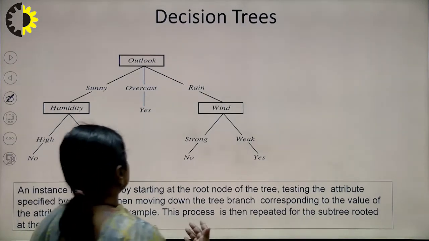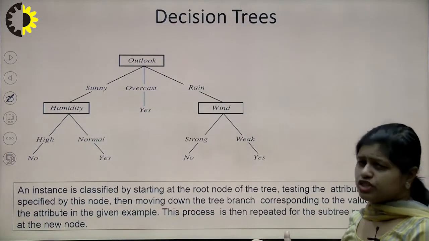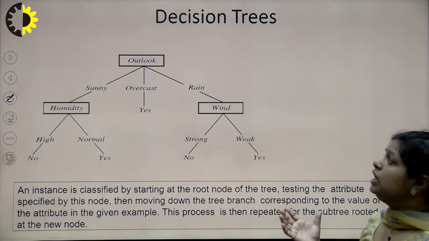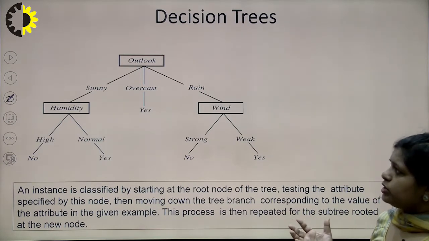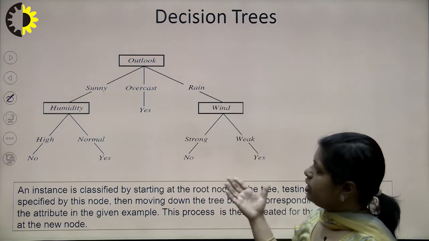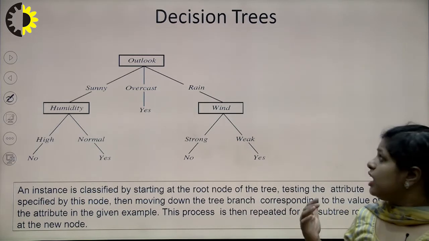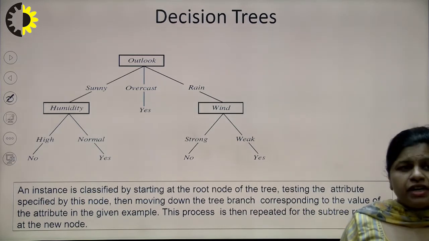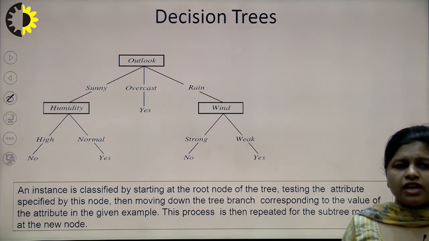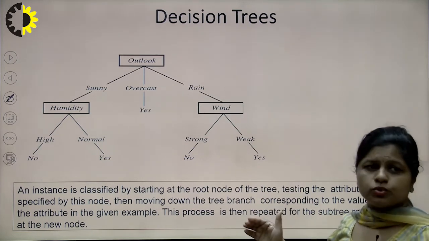The decision tree is according to your syllabus also, and one example is given in your book also. In that we will do all the steps one by one and see how we actually build a decision tree, starting with the root node and moving towards the leaf node.